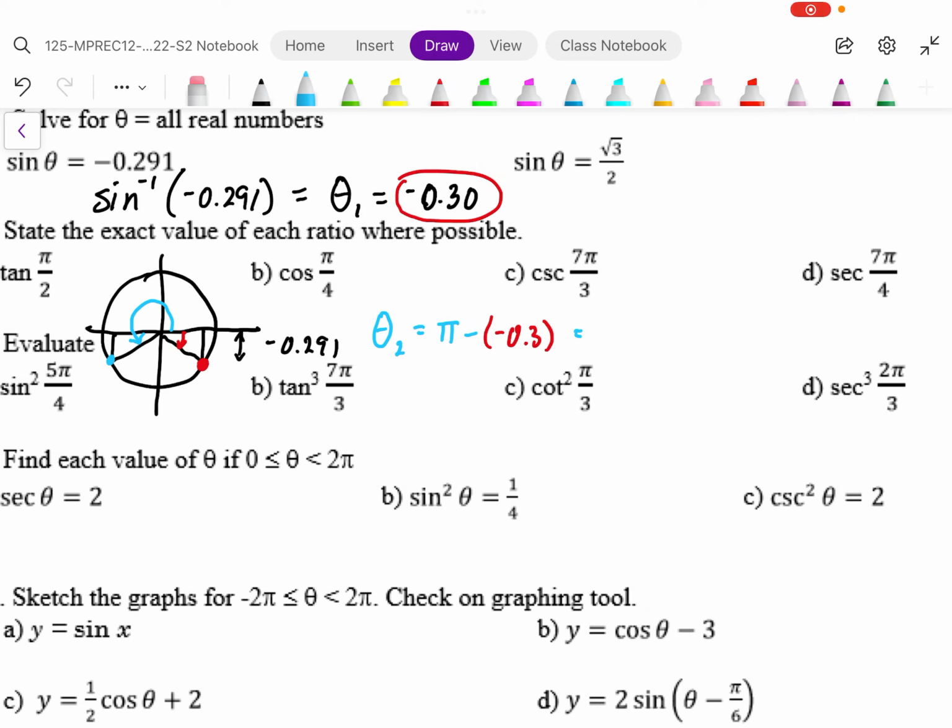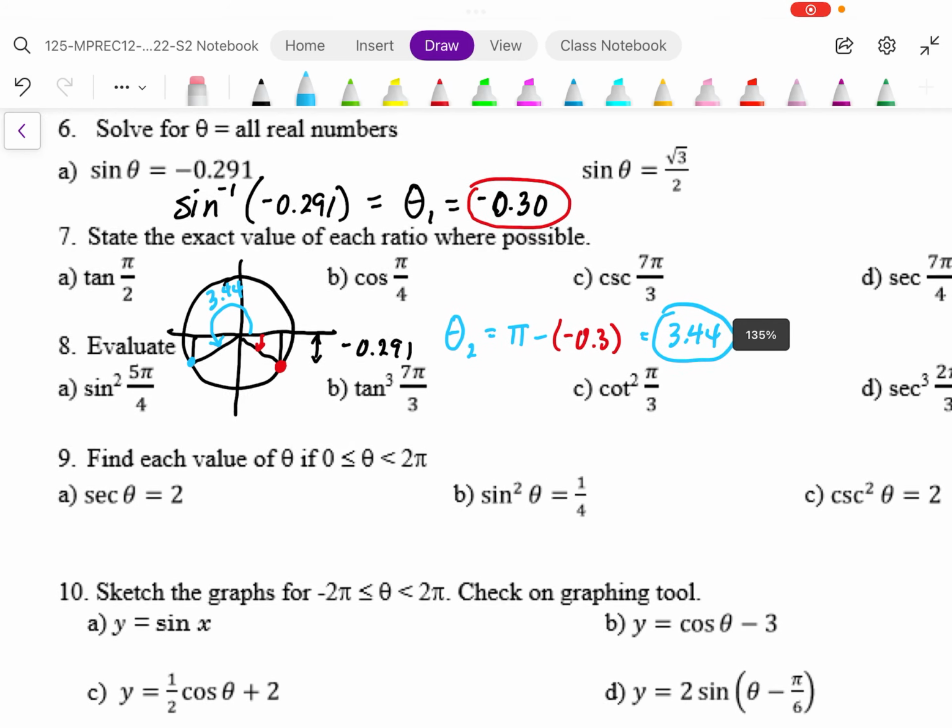So pi plus 0.3 is going to give us 3.44 radians. And so that'll be that position in quadrant 3. So our two solutions then are going to be negative 0.30 and positive 3.44 radians.